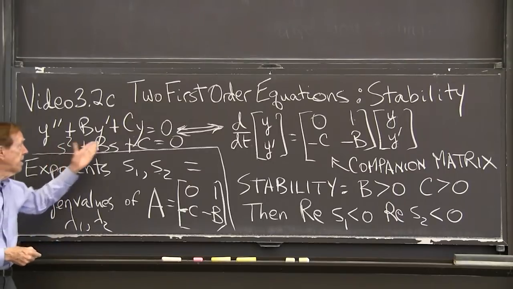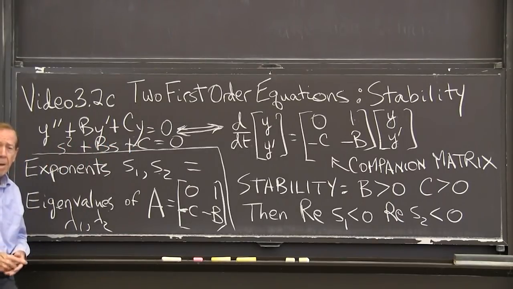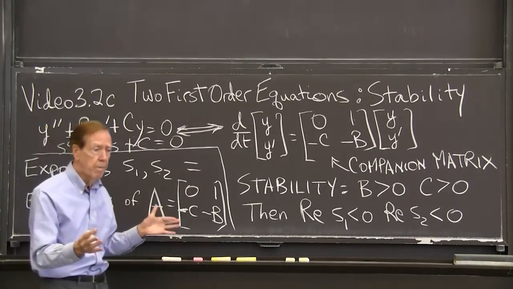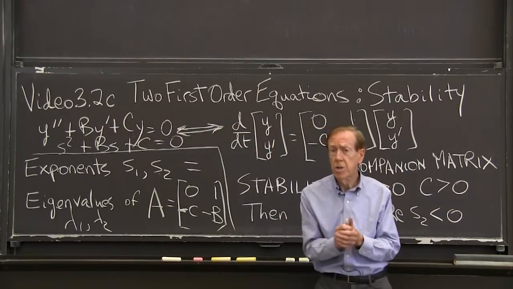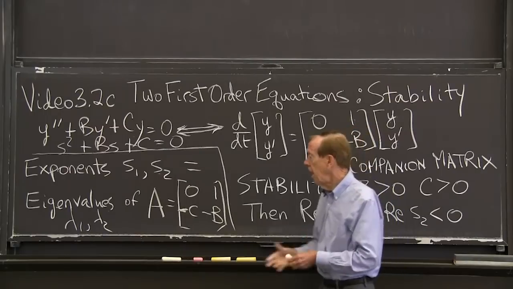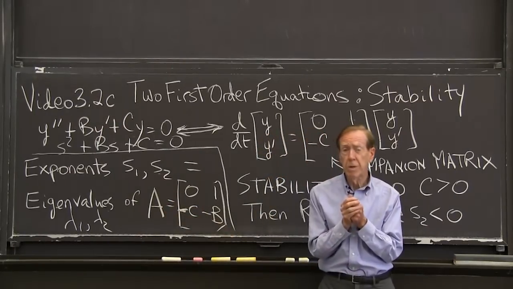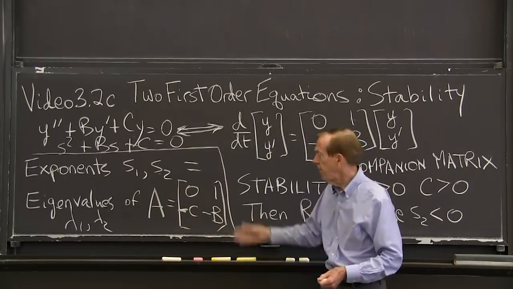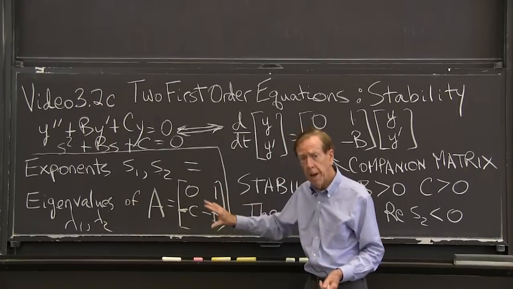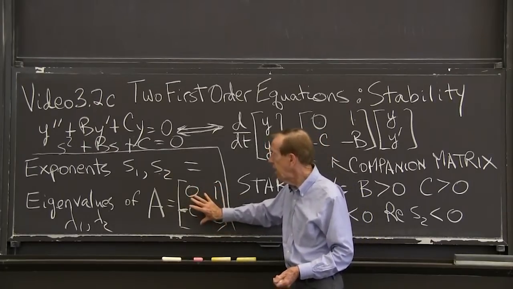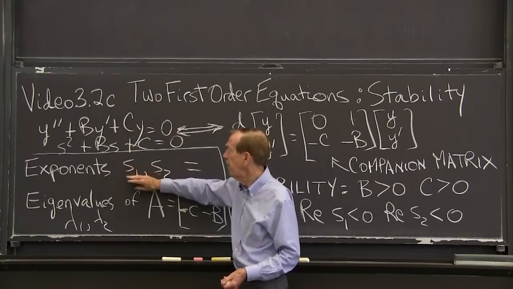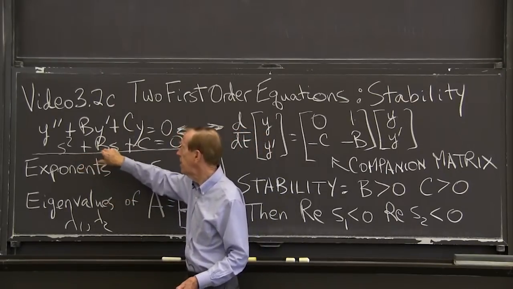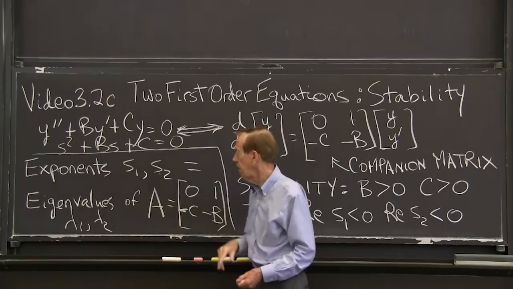And they satisfy the same equation. When we meet matrices and eigenvalues properly and soon, we'll see about eigenvalues of other matrices. And we'll see that for these particular companion matrices, the eigenvalues solve the same equation that the exponents solve, this quadratic S squared plus BS plus C equals 0.